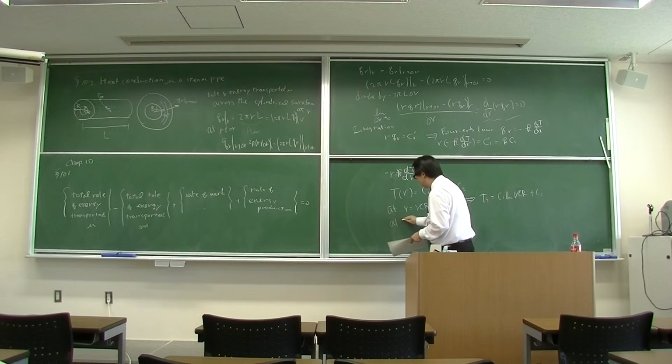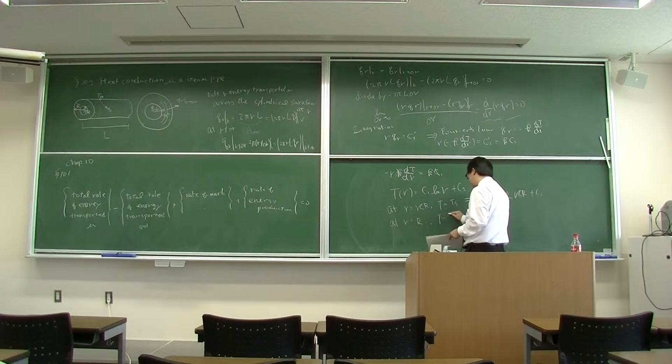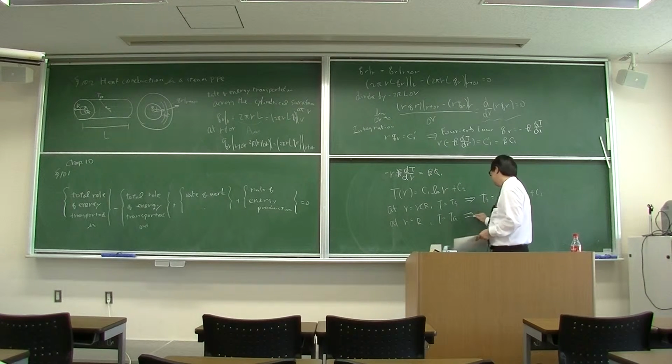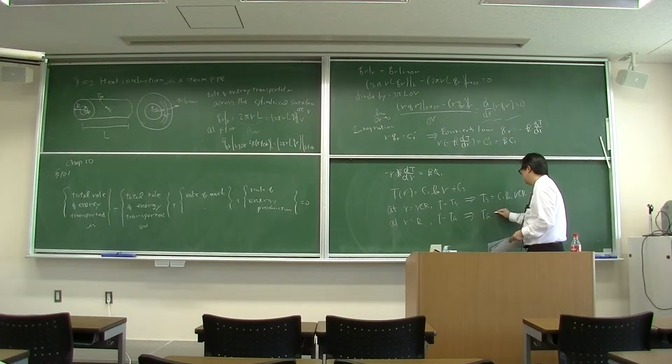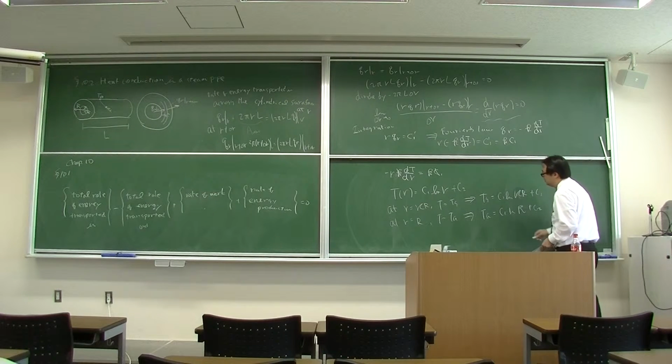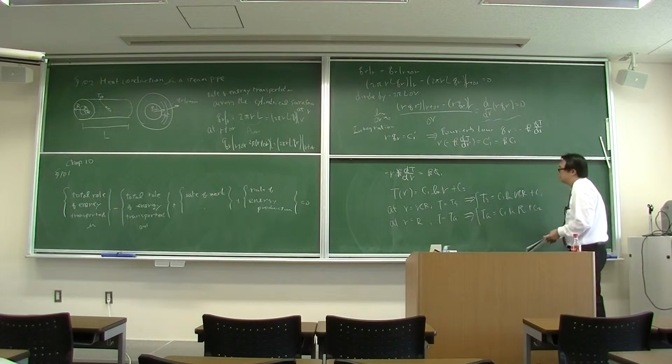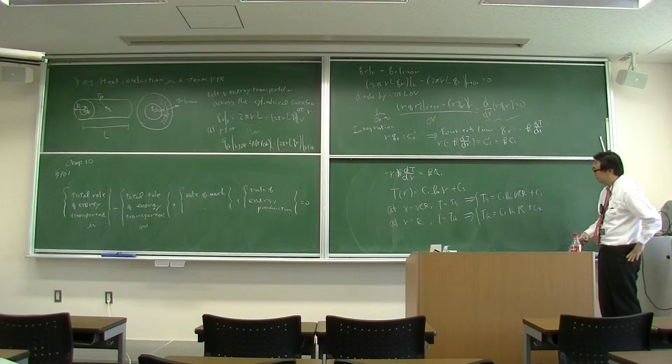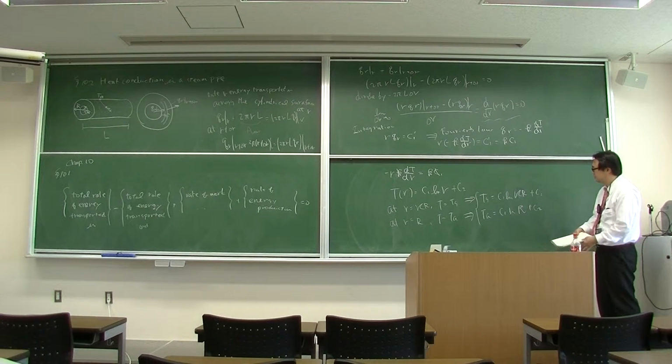And at r equals large R, T equals TA. It means that TA equals C1 ln large R plus C2. So these two equations can be solved to obtain C1 and C2.